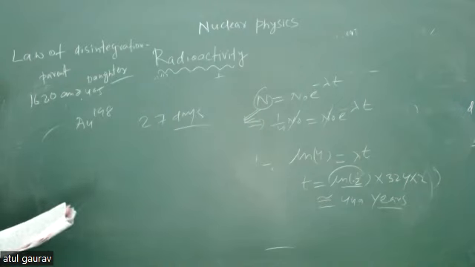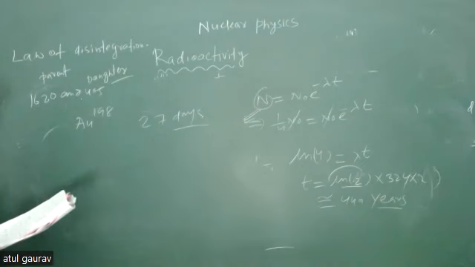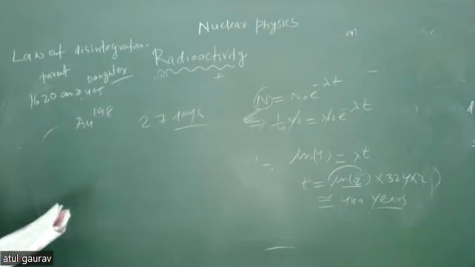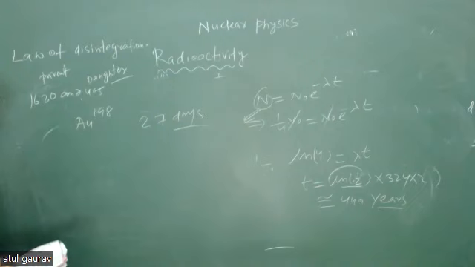Optional question D. How many decay per second will occur when sample is 1 week old? Sir, how many decay per second? How many decay per second will occur when sample is 1 week old?